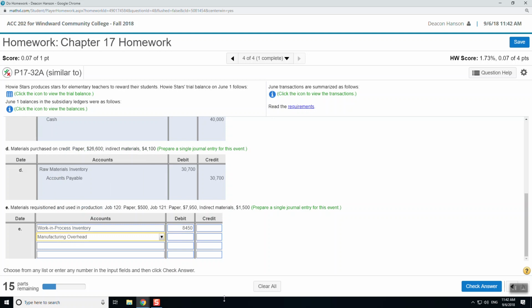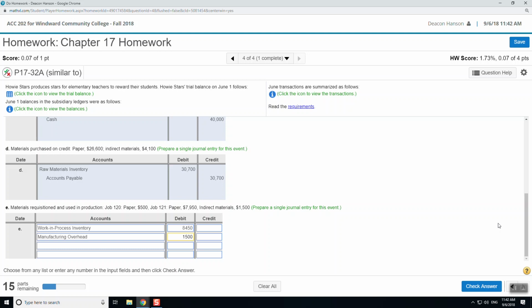Okay, so those two accounts are increasing. Manufacturing overhead is where we keep all of those costs that we can't directly tie to each unit. Right? There's not an incremental relationship with each unit. It's not like we need one sheet of paper to make 10 stars. That's a direct relationship.